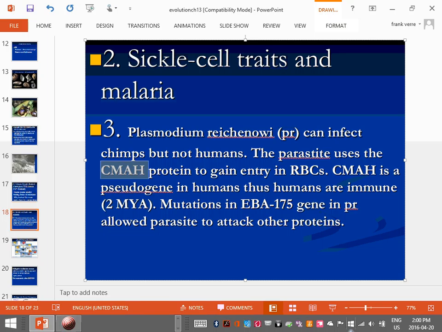After that, the parasite evolved the ability to attack a different protein. It had a mutation in one of its genes called EBA175 that allowed it then to go after a different protein. So this is like the neat example of where one thing evolves something.